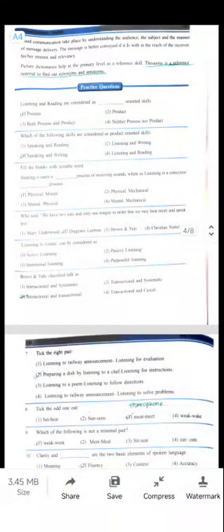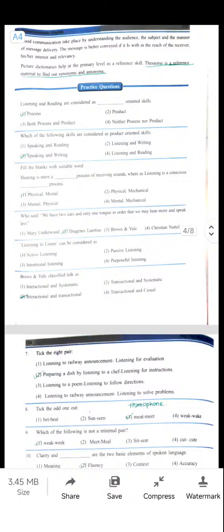And next, picture dictionaries help at primary level as a reference skill. Children really like picture dictionaries because they attract the students. Thesaurus is a reference material to find synonyms and antonyms.